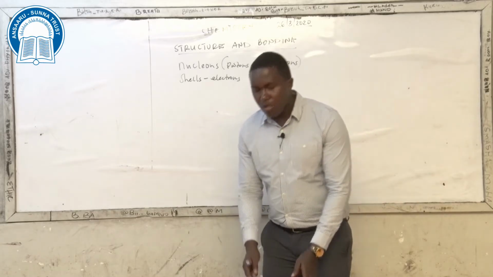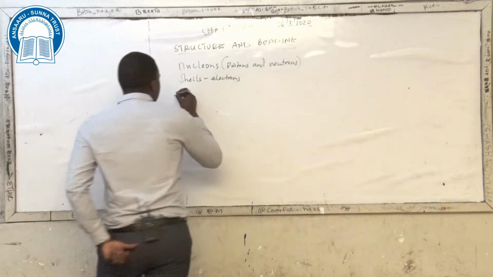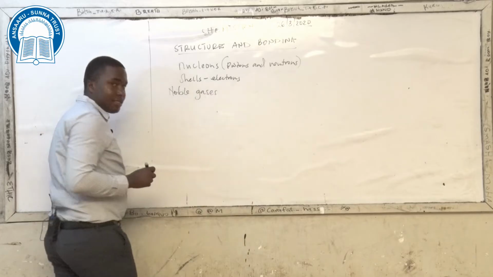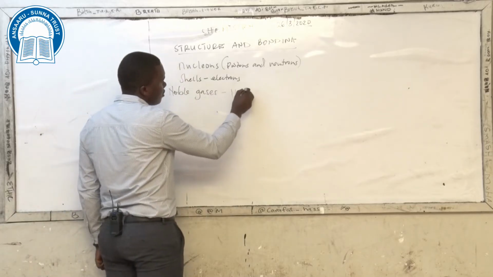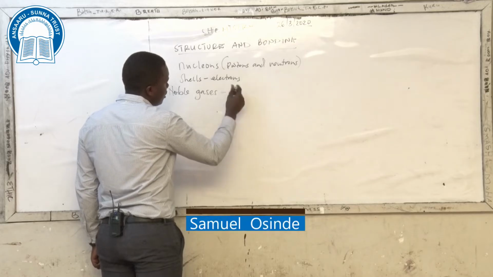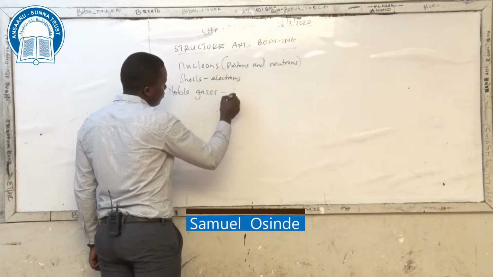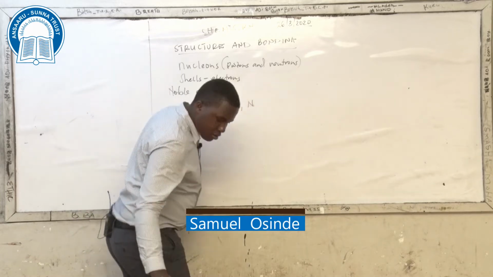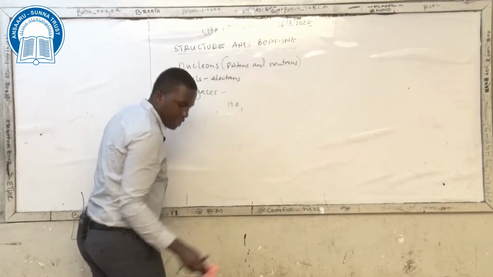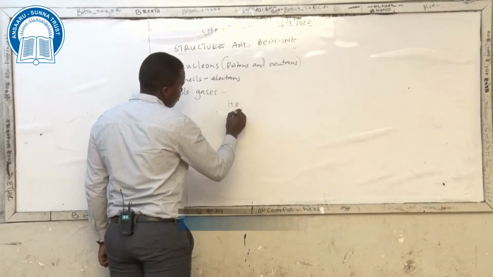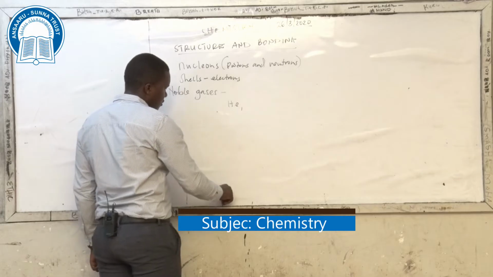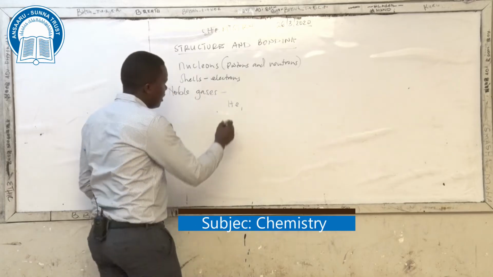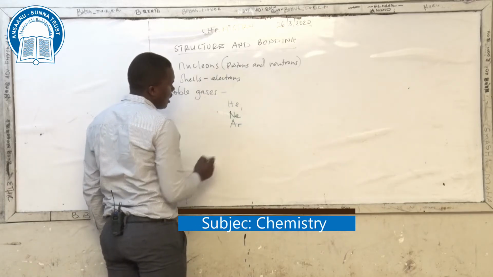For example, when you look at the noble gases, e.g. helium, neon and argon.